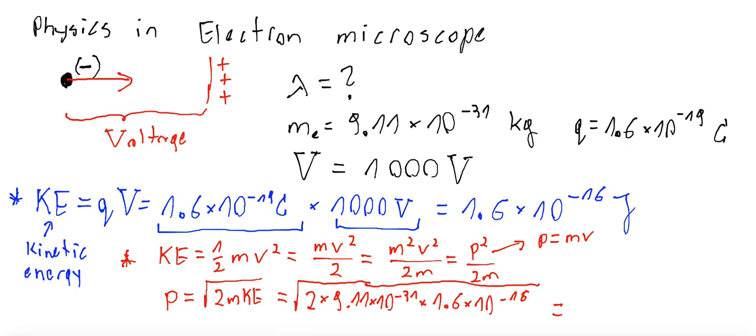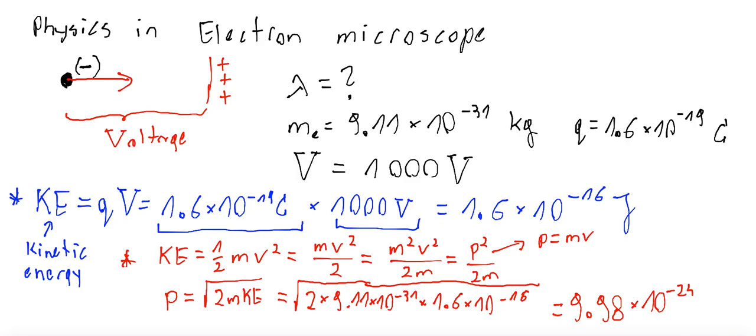The square root of the answer is 9.98 times 10 to the power of minus 24.